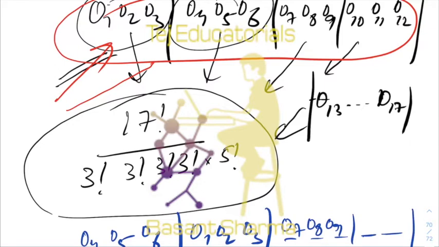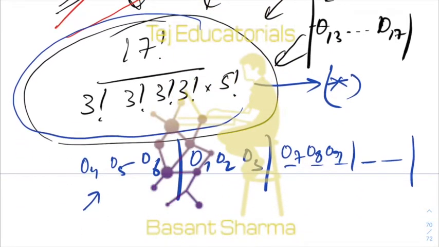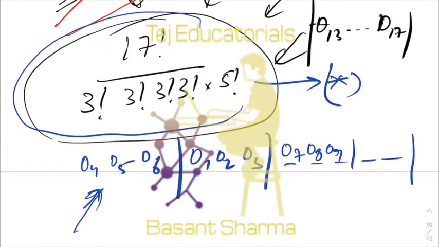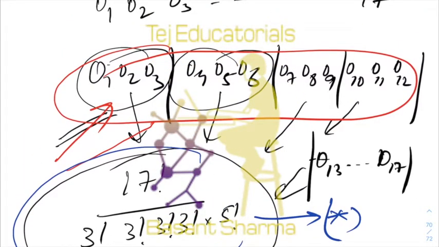and it is not accounted for by this thing. Suppose this is star. This 17 factorial upon 3 factorial to the power 4 into 5 factorial does not account for this particular arrangement. What I mean to say is, you have taken one particular arrangement and depermuted it.